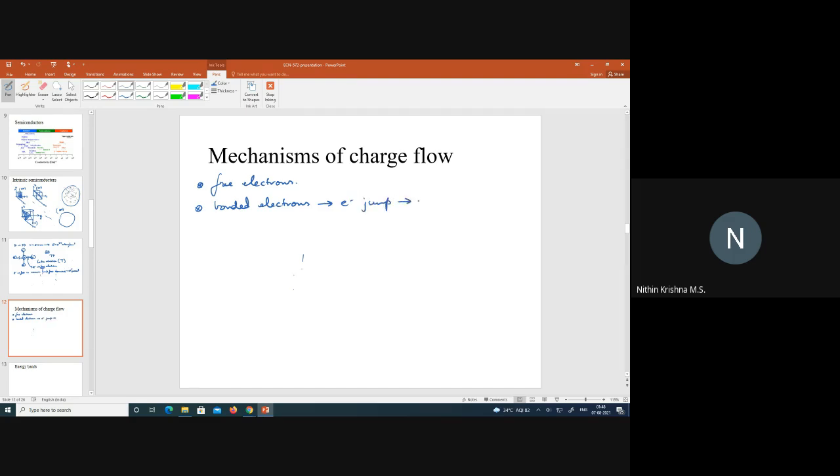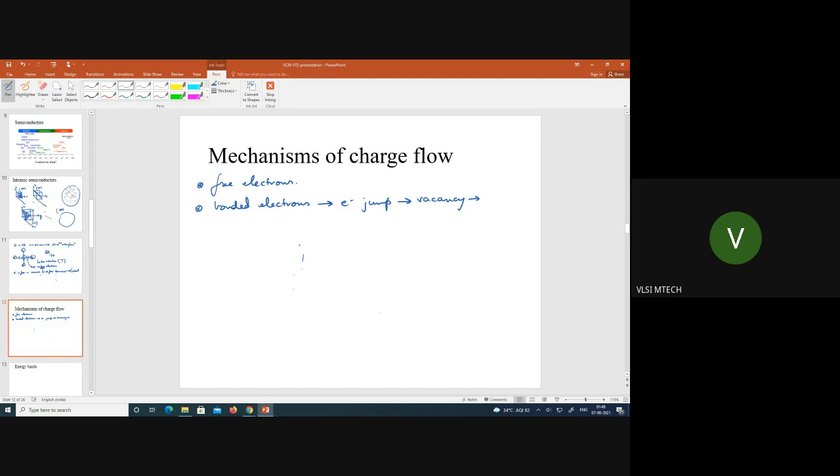The free electron will be out of the atom, which is in the valence band. Right, excellent.